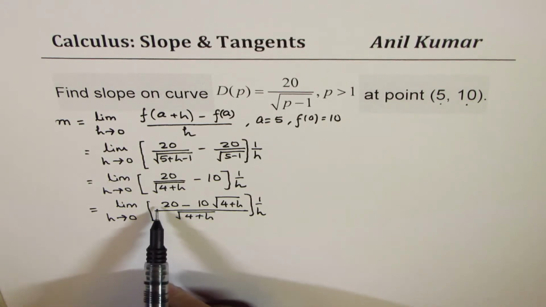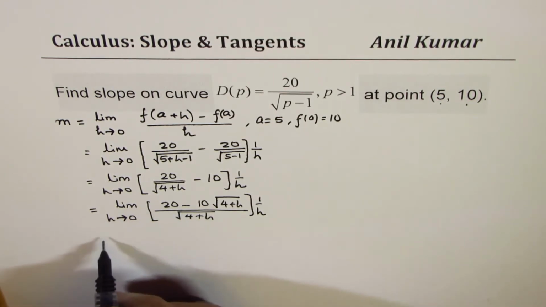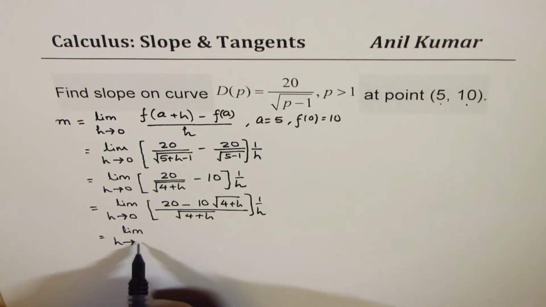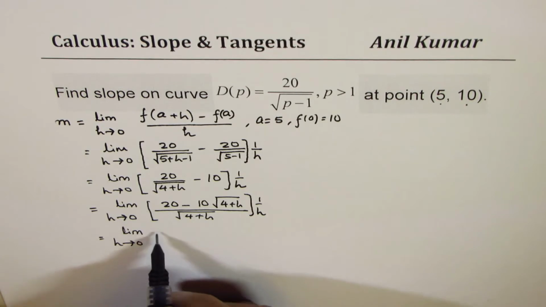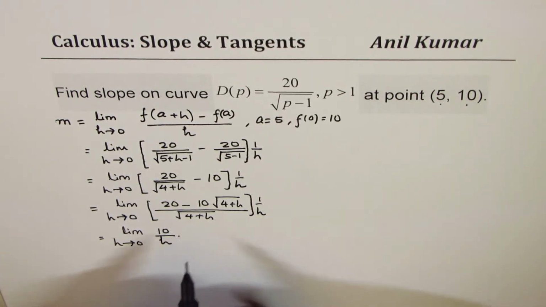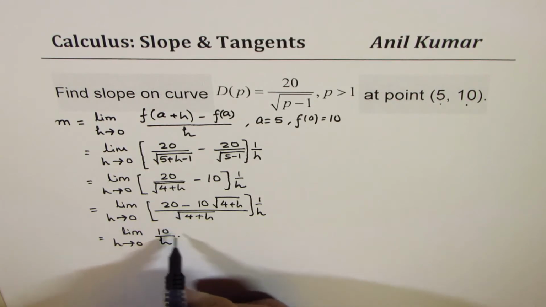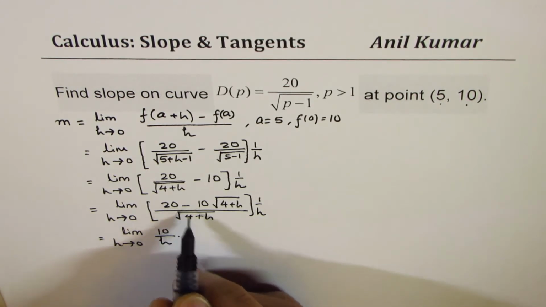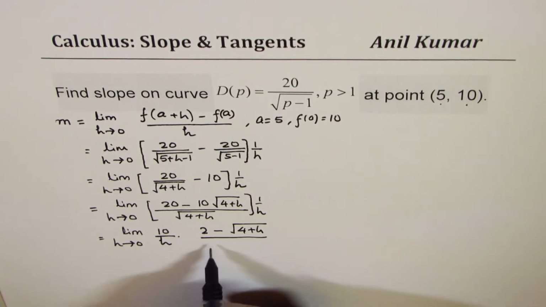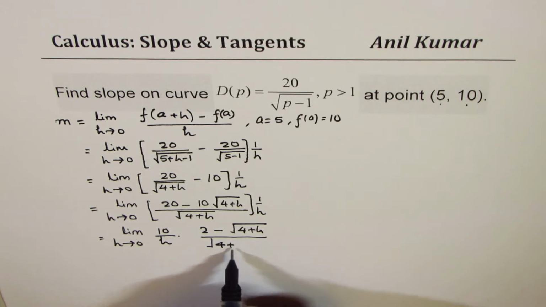Now from the numerator I can factor out 10. So let me write it like this, the limit as h approaches 0. I'm factoring out 10, so I'm writing 10 over h, and here, since I factored out 10, I'm left with 2 minus the square root of 4 plus h, over the square root of 4 plus h, correct?